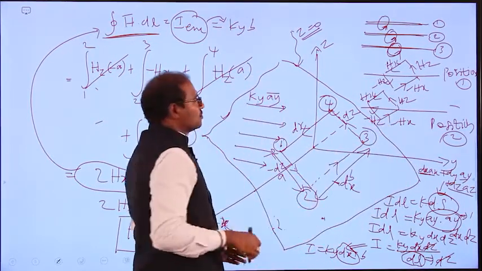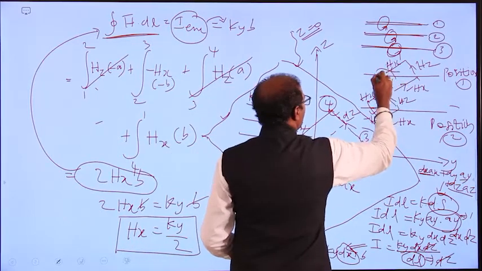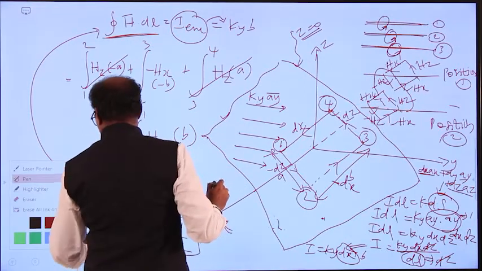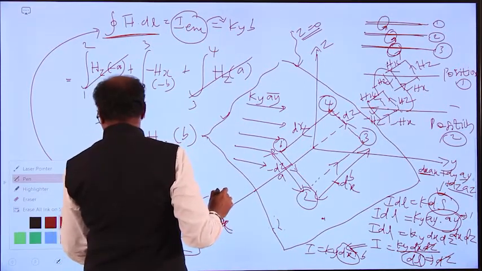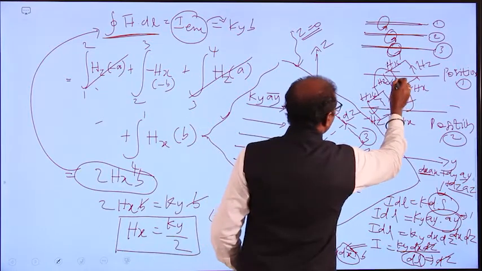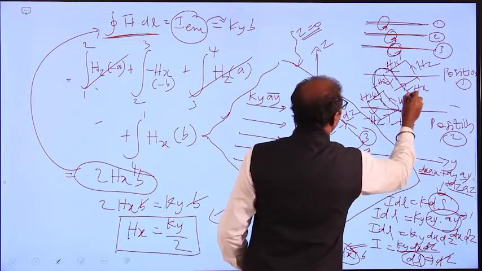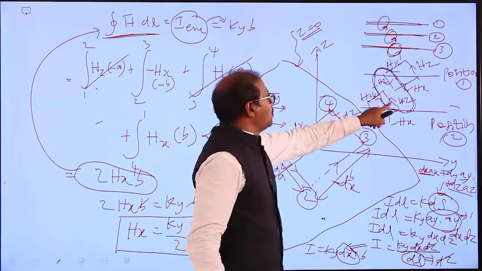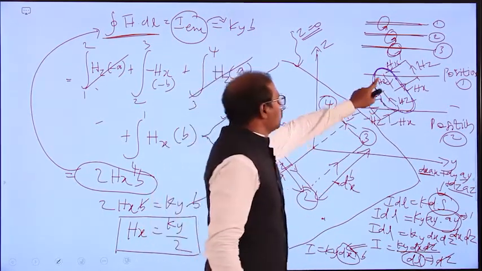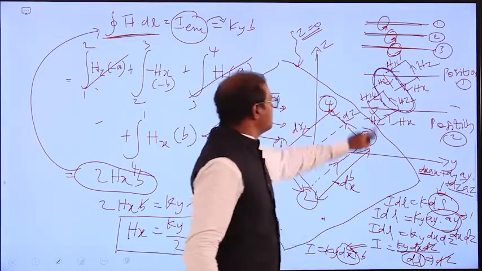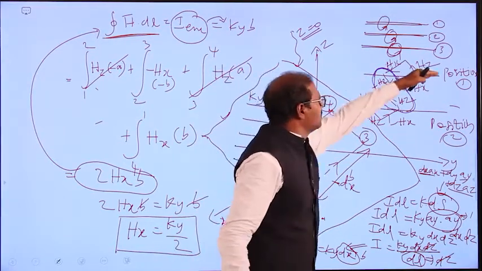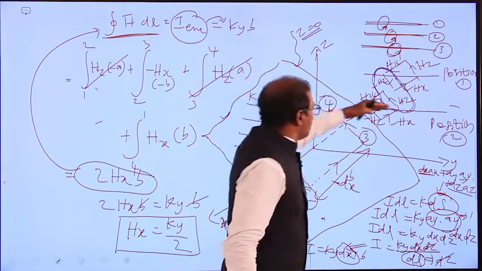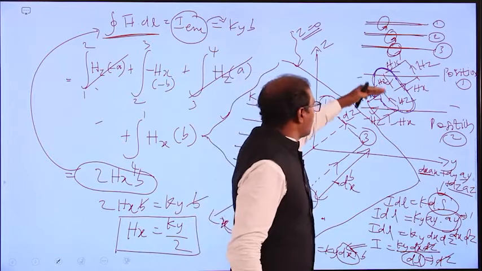This is the near field component. It has equal amplitude and opposite phase. These are current component number 1 and component number 2.